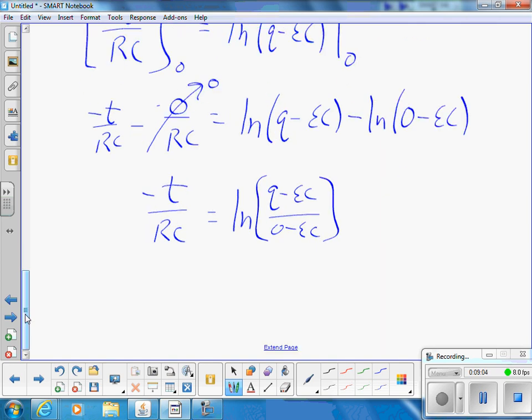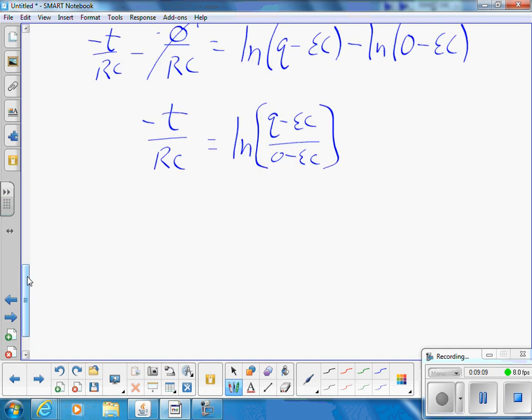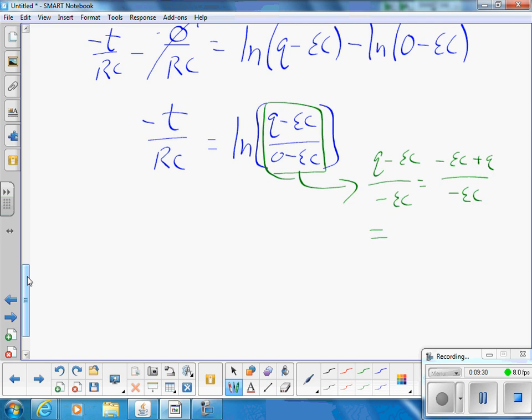And then I am going to simplify what's in the brackets on the right-hand side, in the green box here, which is Q minus EC over negative EC, which is the same as negative EC plus Q over negative EC, which is the same as negative EC over negative EC, which is 1, plus Q over negative EC, which is minus Q over EC.